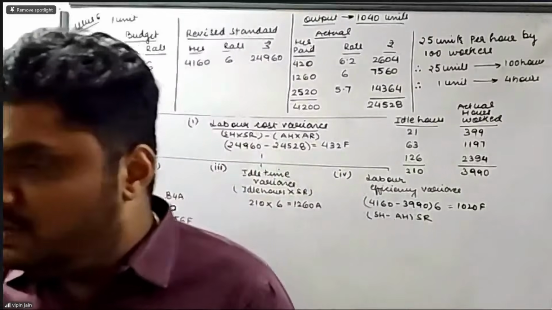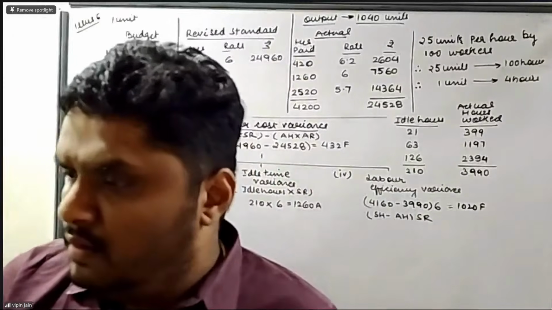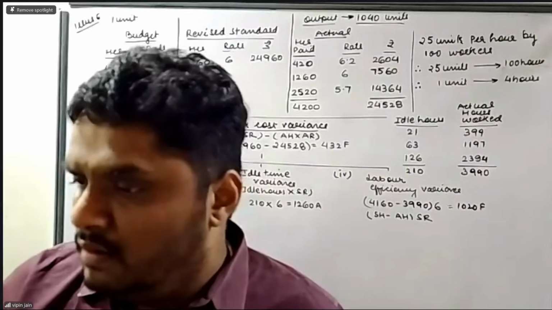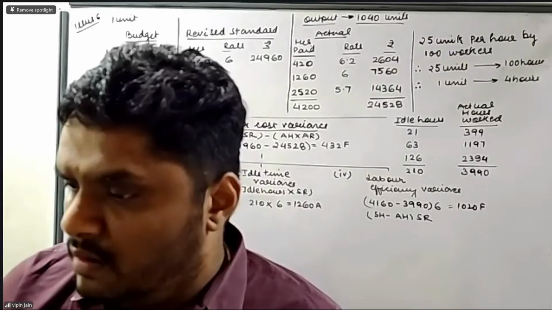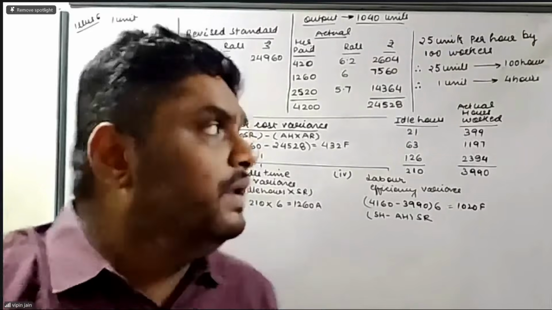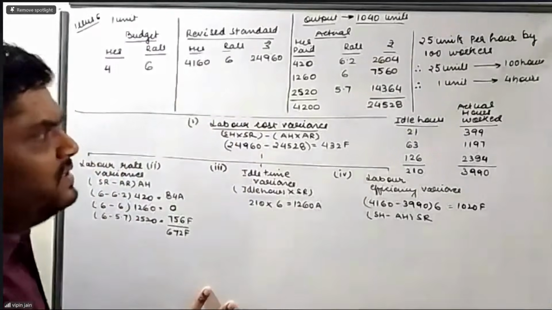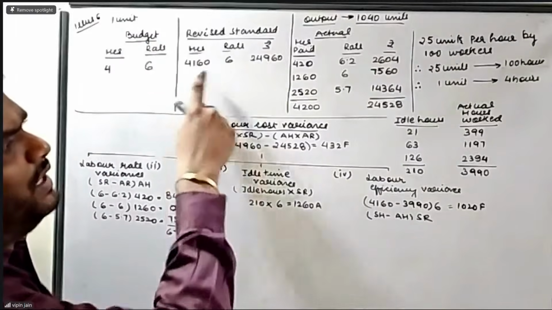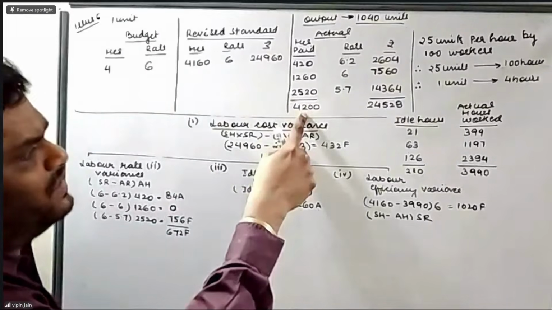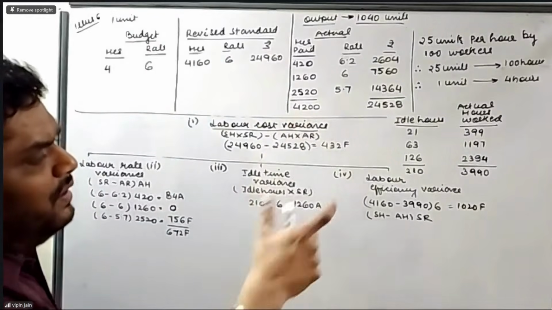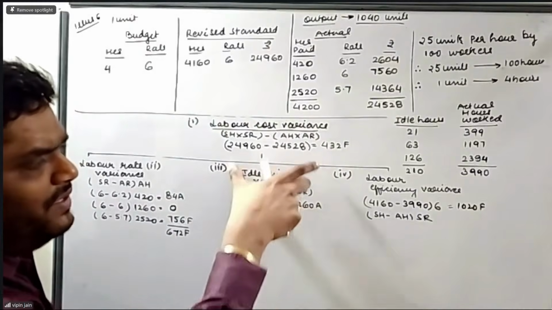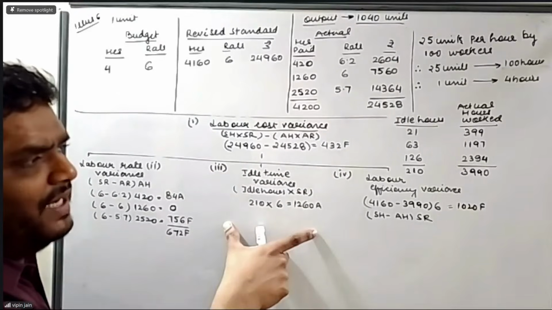Anyone else with any doubts or queries? Sir, if idle hours, then we calculated with actual hours worked. Yes, I have discussed this in the previous session also. See, the total difference is 4160 minus 4200. Of this, 210 is idle hours. So this difference is already considered as idle time variance.